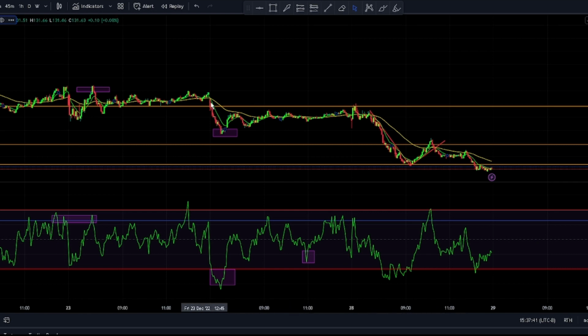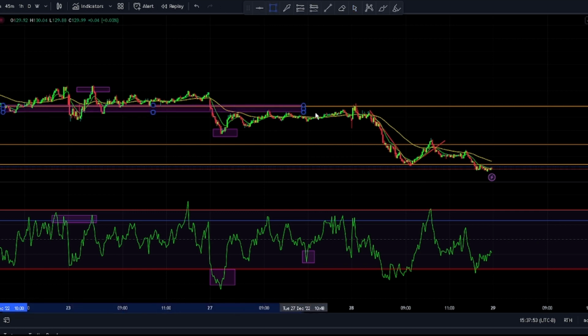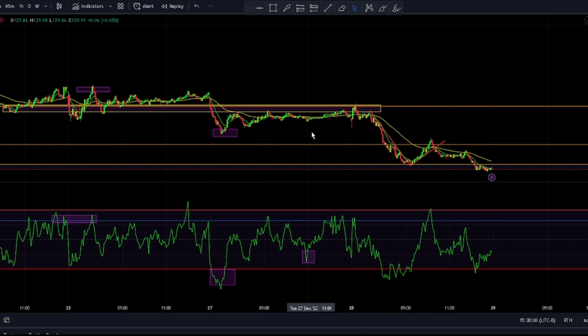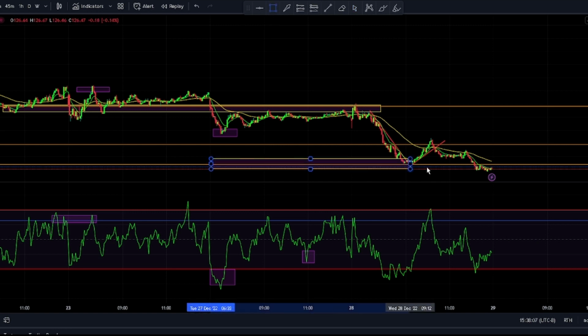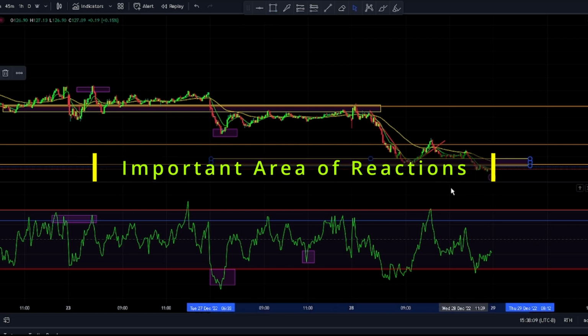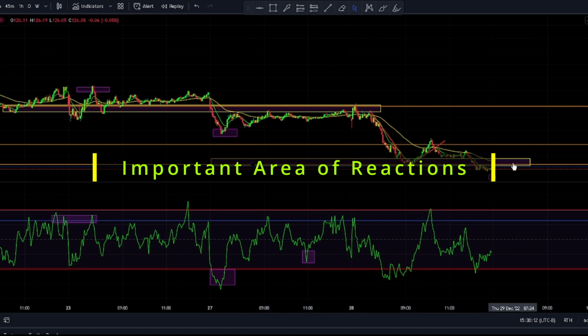As you see, when we did our drawing, everything is lined up perfectly. To be exact, this is the area of our resistance. I'm going to highlight it based on the area that we see here, and also do the same thing for our support.